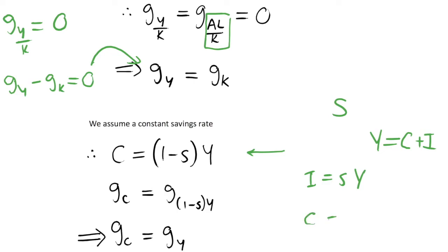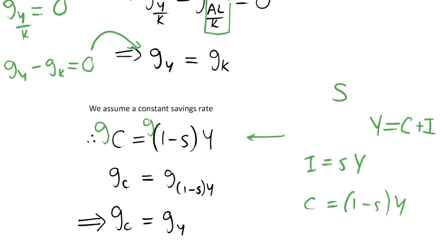So our consumption is equal to anything left, 1 minus S multiplied by Y. So then we can just take the logarithms and take the growth rate rules of both sides of the equation and see that the growth rate of consumption is going to have to equal the growth rate of 1 minus S multiplied by output.